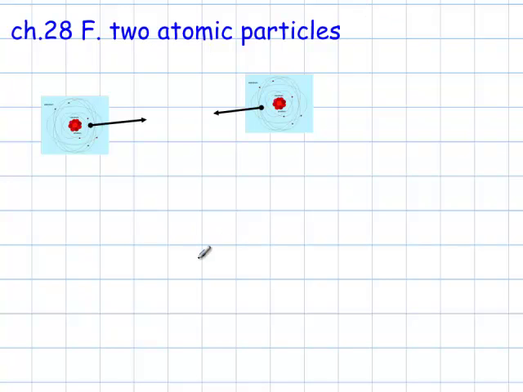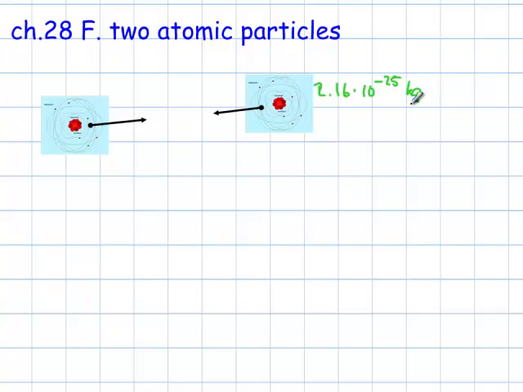Okay, let's see. Let's write these numbers down here. Each one of these has a mass of 2.16 times 10 to the negative 25 kilograms.